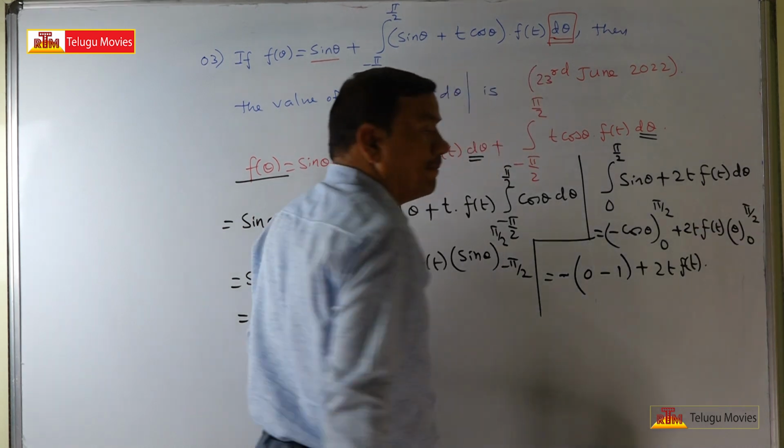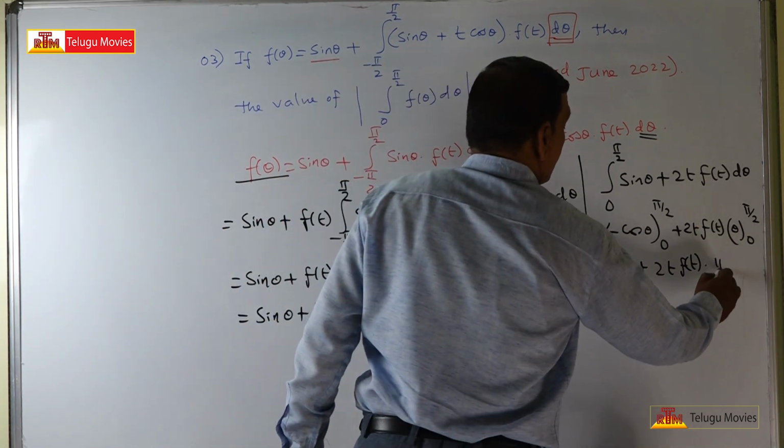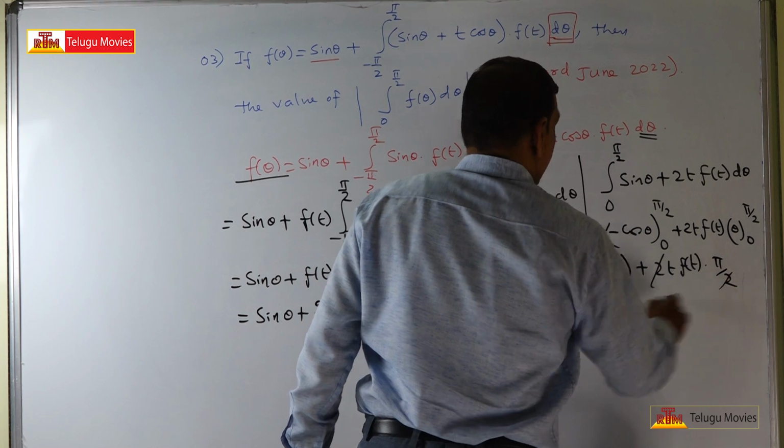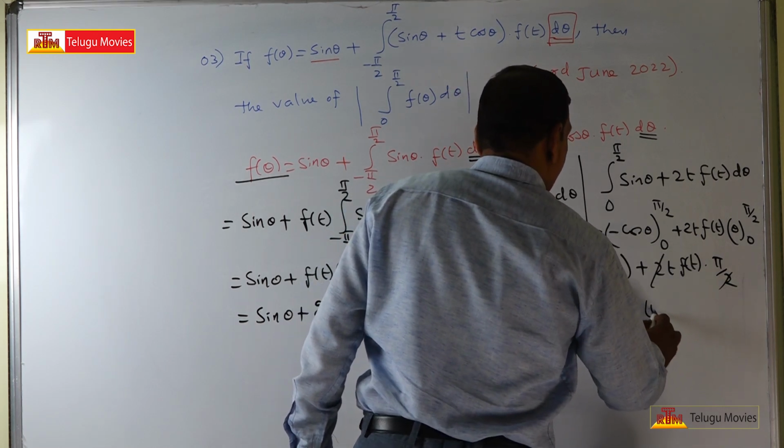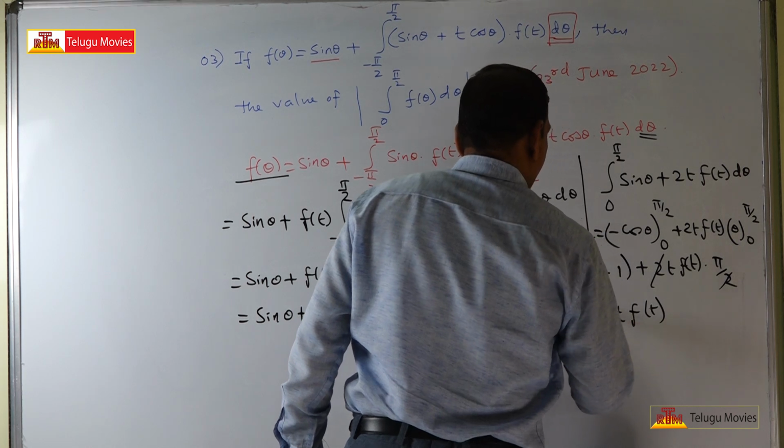This is equal to upper limit minus lower limit, that is pi by 2. The 2 will cancel. This is 1 plus pi t f of t, and of course pi you can write under modulus.